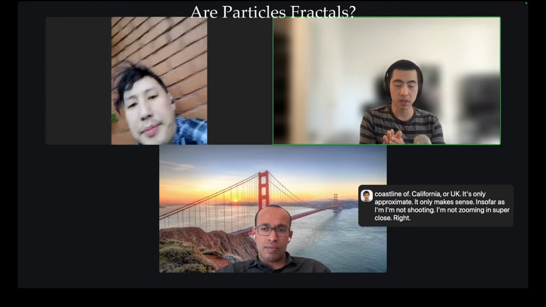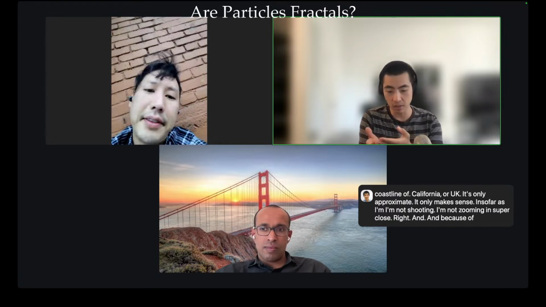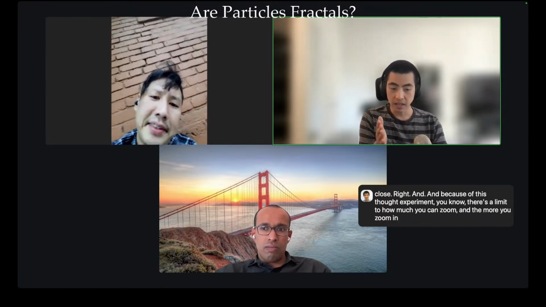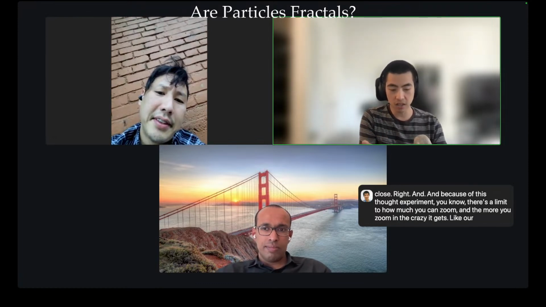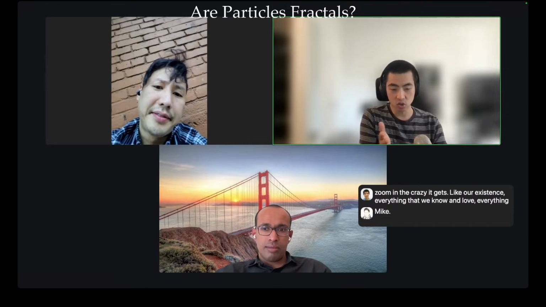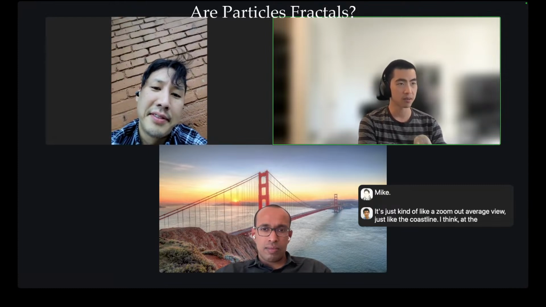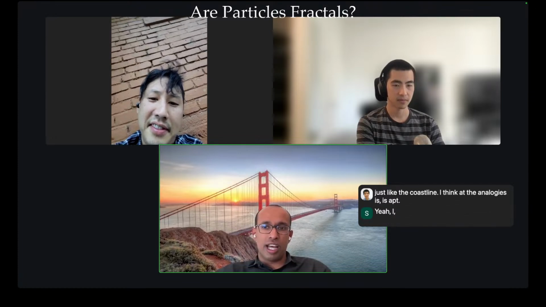Because of this thought experiment, there's a limit to how much you can zoom, and the more you zoom in, the crazier it gets. Our existence, everything that we know and love, everything that exists, is just kind of a zoomed-out average view, just like the coastline. I think the analogy is apt. Yeah, I like that analogy a lot.